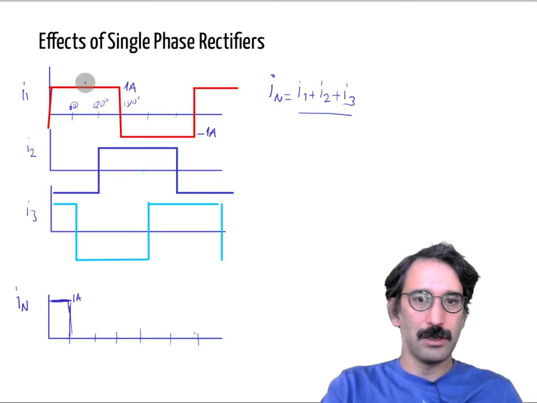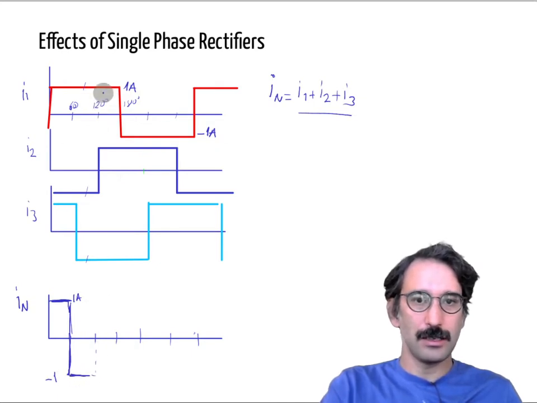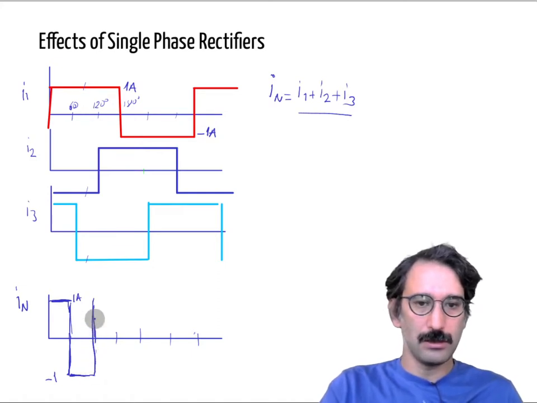So I have 1 amp minus 1, they still cancel each other, and now I have minus 1 here, so it goes to minus 1, right? And in the second one you have 1, 1, 2 and minus 1, so it makes 1 amp, so it goes like that. I think you see the picture.